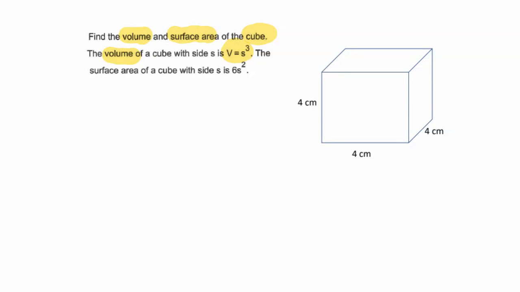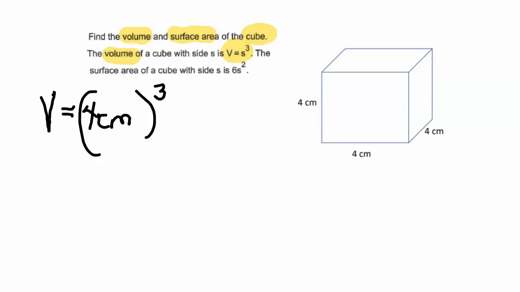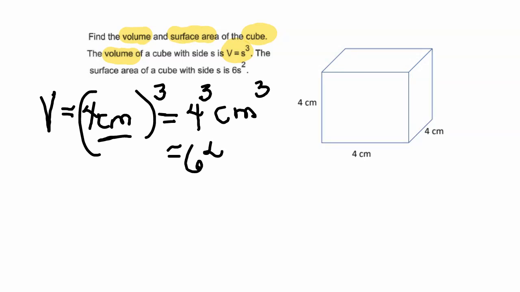So that means my volume is going to be 4 centimeters cubed. This is my S, or my side. Now this is going to give me piggyback rule. 4 cubed centimeters cubed, which is 64 centimeters cubed.